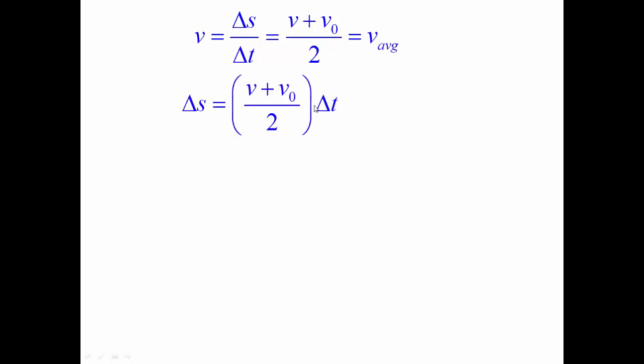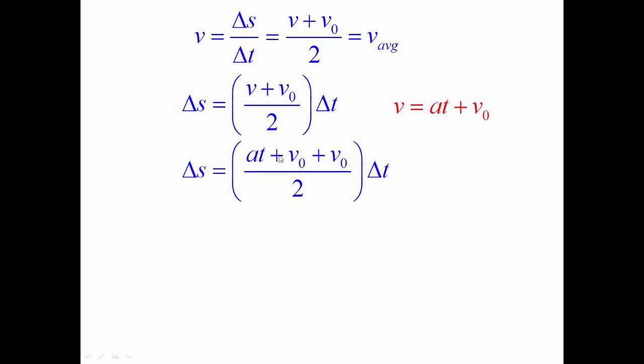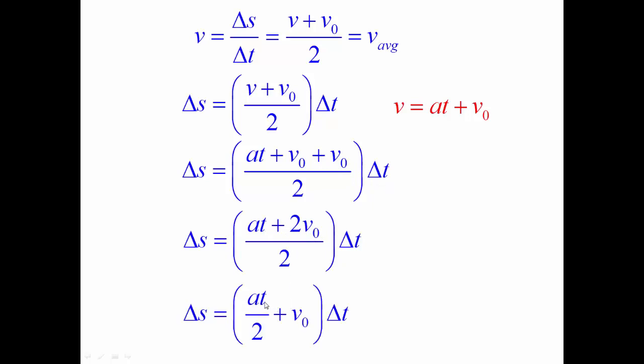So I can move the delta t over. I've got v plus v naught over 2 times delta t. I can remember that v is really a t plus v naught. Plug it in, so I've got a t plus v naught plus v naught over 2 times delta t, and that's going to be 2 v naught. Separate the fraction into two separate parts: I've got a t over 2 plus v naught.